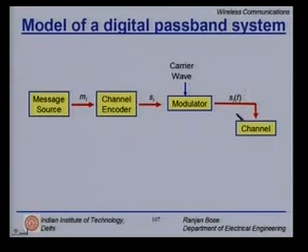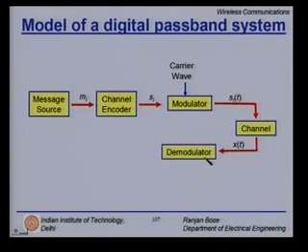This waveform is passed through the channel, wherein the various channel impairments and noise come into play, and what we receive is x of t, which is very different from the s of t. It passes through a demodulator. The first job of the demodulator is not only to get the best possible estimate of the message, but it also creates some kind of a limitation on the effects of noise.